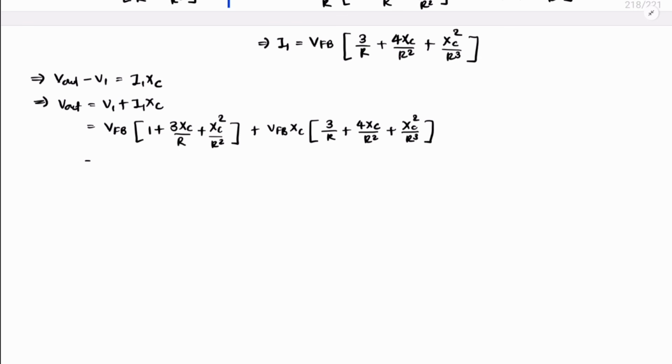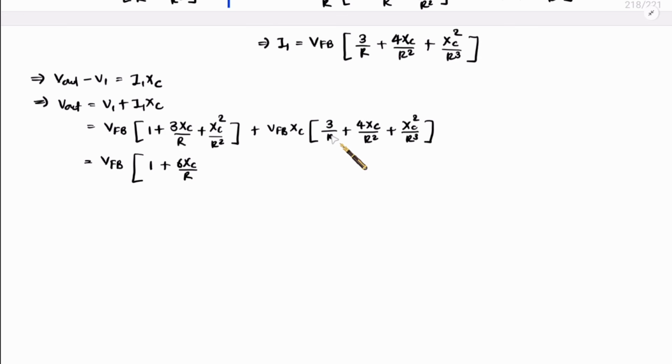First of all, I'll be taking VFB common from the entire equation, and we need to see how the terms are there. You can observe here we have 1. So this term that we have considered, let me write 1. After that we have 3XC by R. Here we have 3XC by R. So in total we have 6XC by R. So we have considered this and this term.